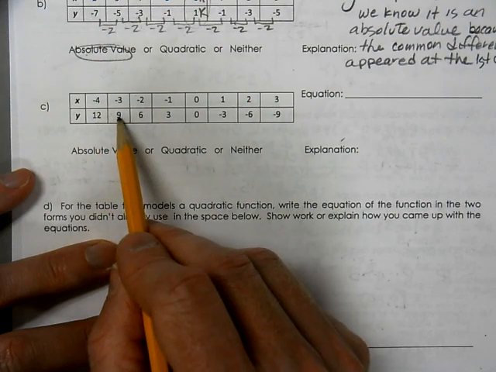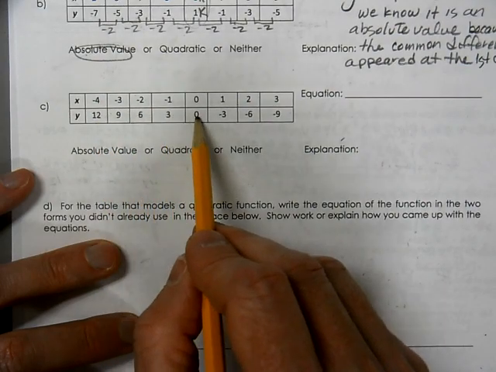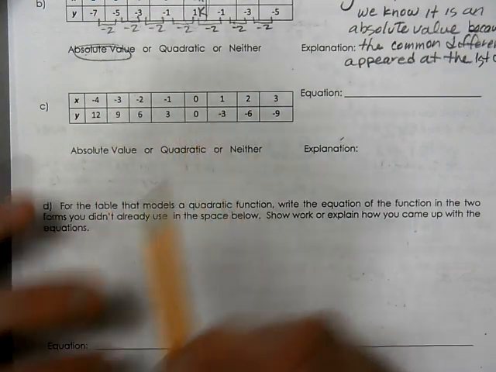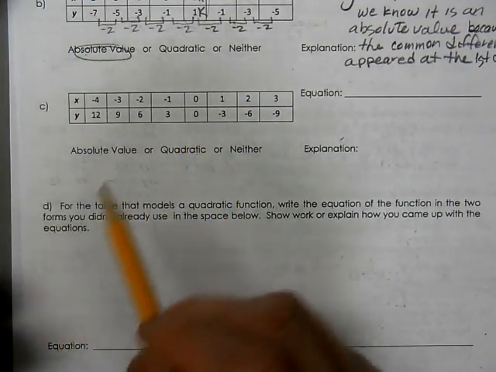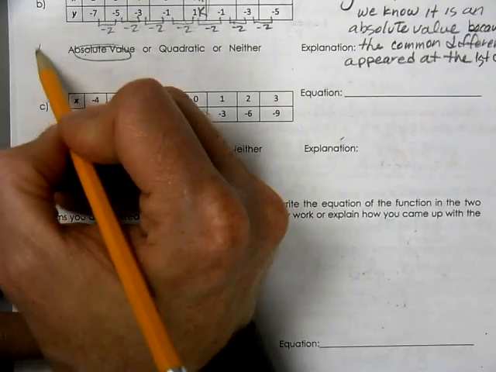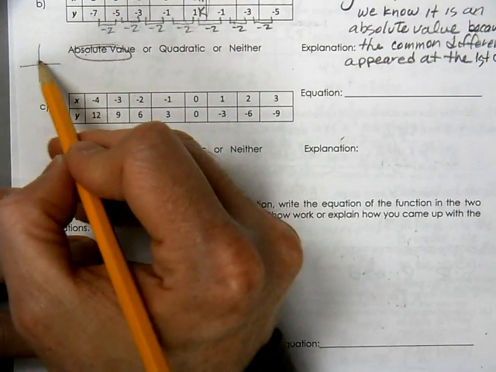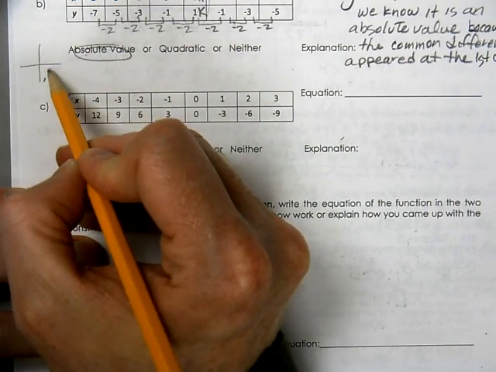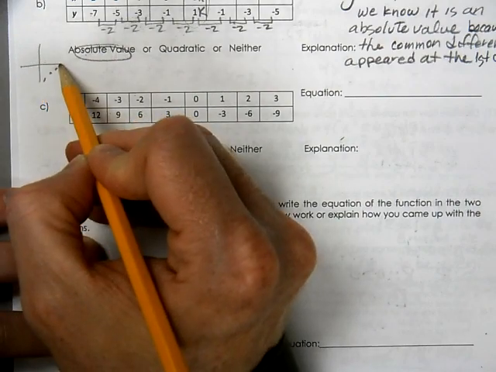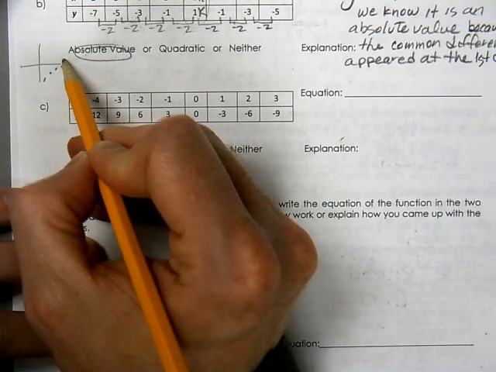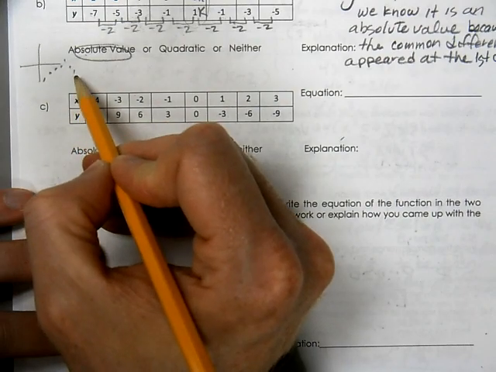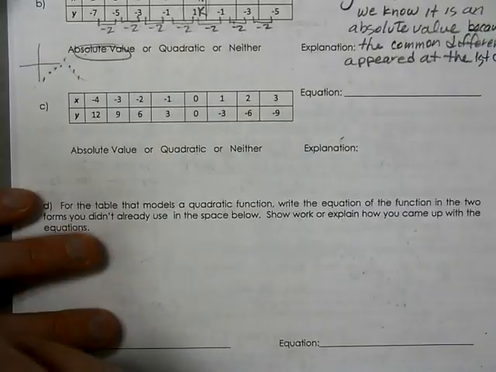We go 12 and then down and down and down. It looks very much like this is going to be linear. We don't bounce back up. If we looked at a quick picture of this one, we're at 2 and negative 7, 3 and negative 5, 4 and negative 3, 5 and negative 1, 6 and 1, 7 and negative 1, 8 and negative 3, and it came back down again.